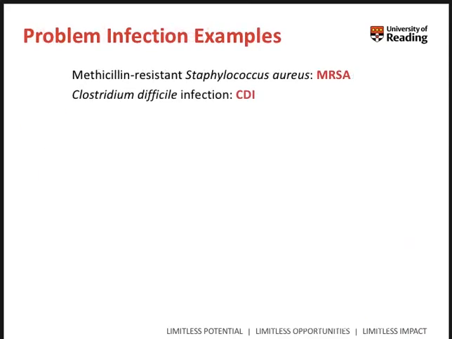Finally, I just want to introduce you to a few examples of specific problem infections for the healthcare system. They're by no means the only ones. The first two I want to mention are MRSA and CDI. MRSA is methicillin-resistant Staphylococcus aureus. You might have heard of this. And CDI is Clostridium difficile infection.